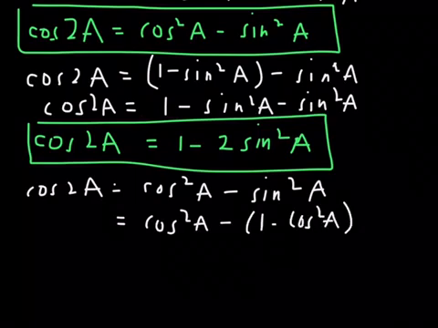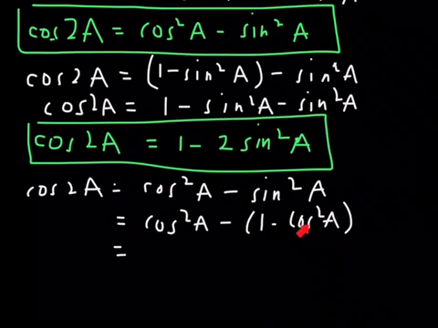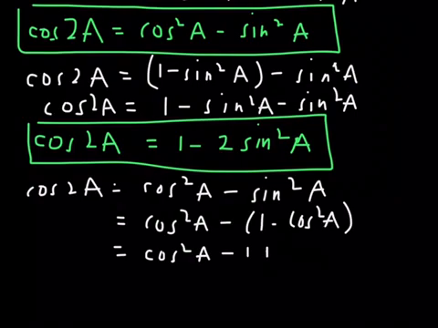Again, by the Pythagorean identity. If you're doubting this, start with cosine squared of a plus sine squared of a is equal to 1 and solve for sine squared of a. You'll find that sine squared of a is equivalent to 1 minus cosine squared of a. So then we're seeing that this is the same thing as cosine squared of a minus 1 plus cosine squared of a. All right, so here's our last one.